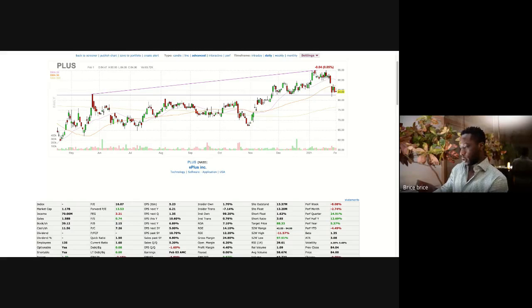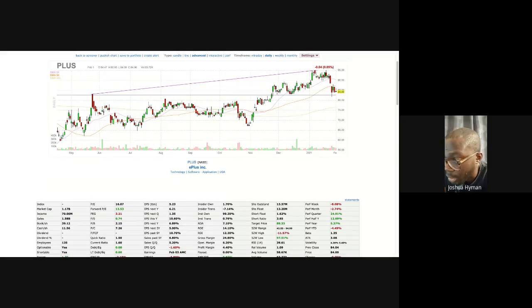So there is another question: the low P/E ratio tells you what's cheap, but how do you balance that with filters that tell you good stocks? The P/E ratio indicates how much the market is willing to pay for the stock. So if the stock is $8 and has a P/E ratio of 15, then it means the market is willing to pay 15 times the earnings per share, right?